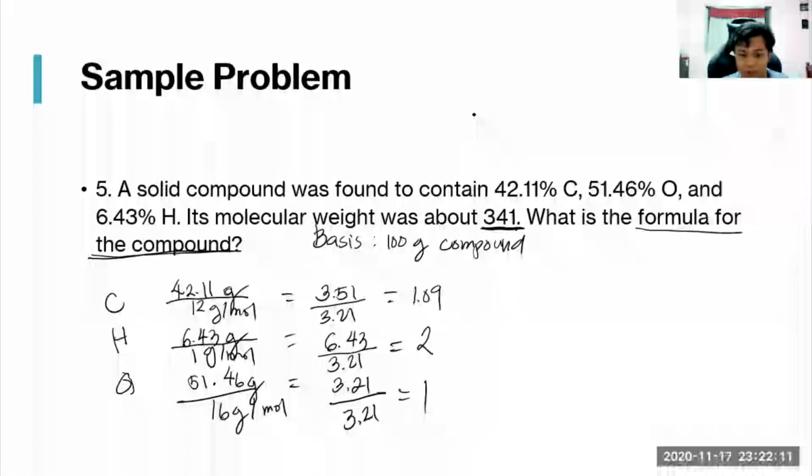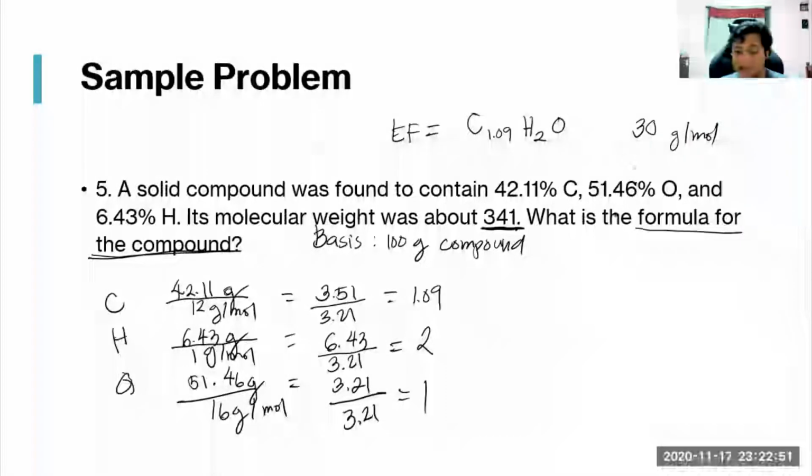So we now have C1.09 H2 O. If you get the molecular weight of this empirical formula, this is the empirical formula, we will get around 30 grams per mole.